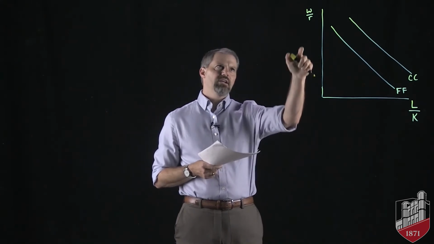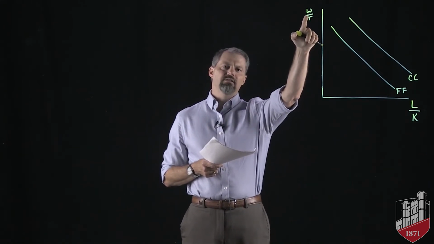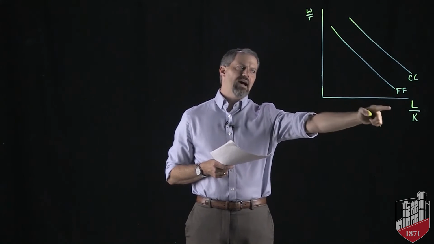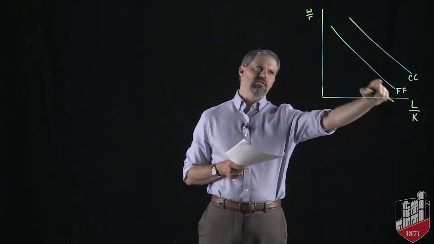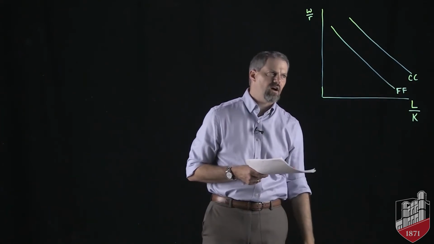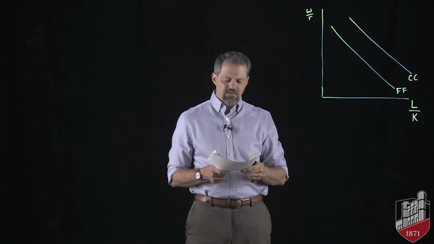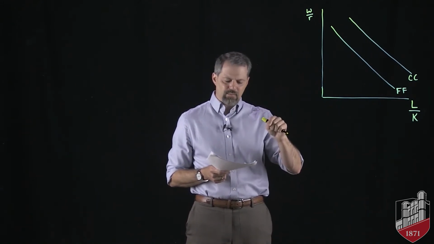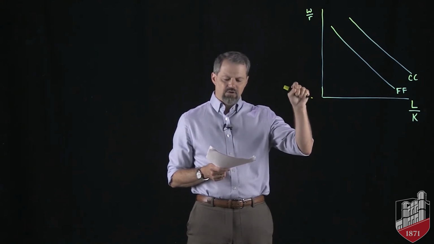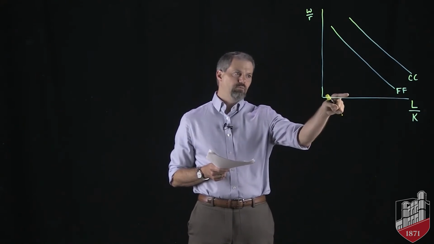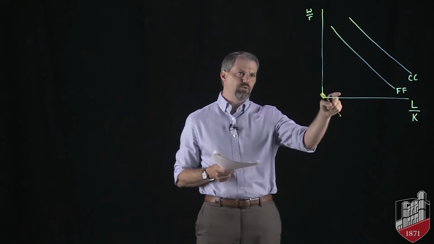This one shows us the relationship between the relative price of labor and the relative amount of labor used in food production, and this one shows it in cloth production.